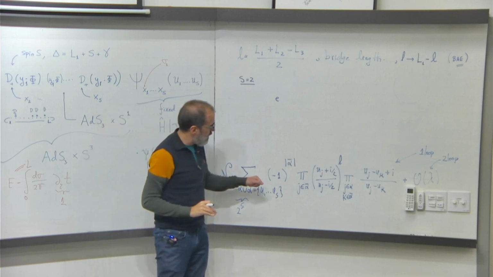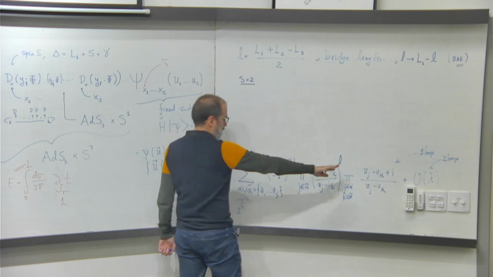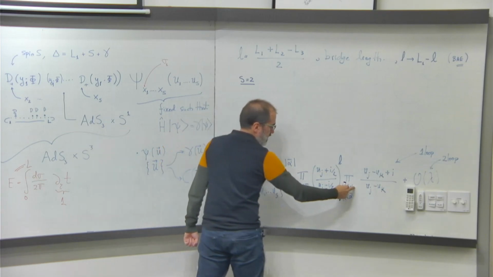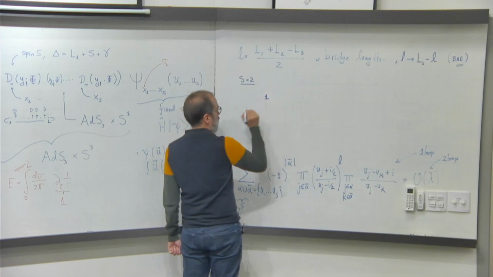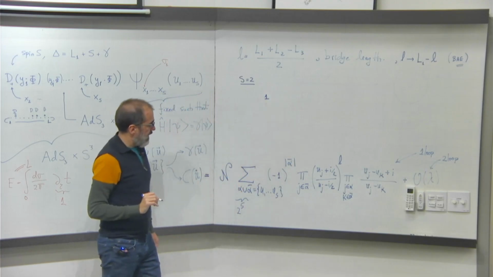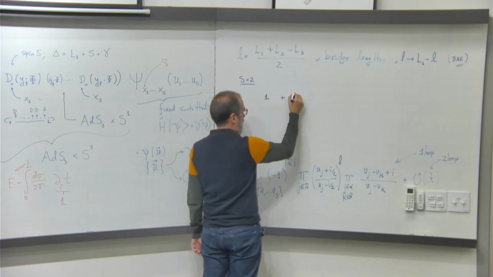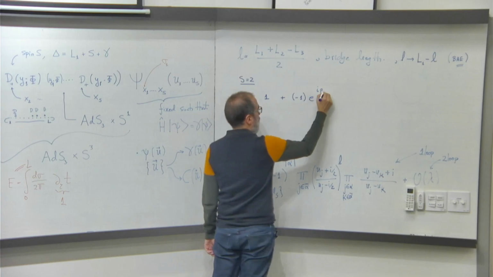There is one term where all elements are in alpha bar, so there is no product here, and there is no element in alpha. This is 1, so the first term is just 1. Then there is the term where one element is in alpha. There is a minus 1. Then there is e to the i p1.